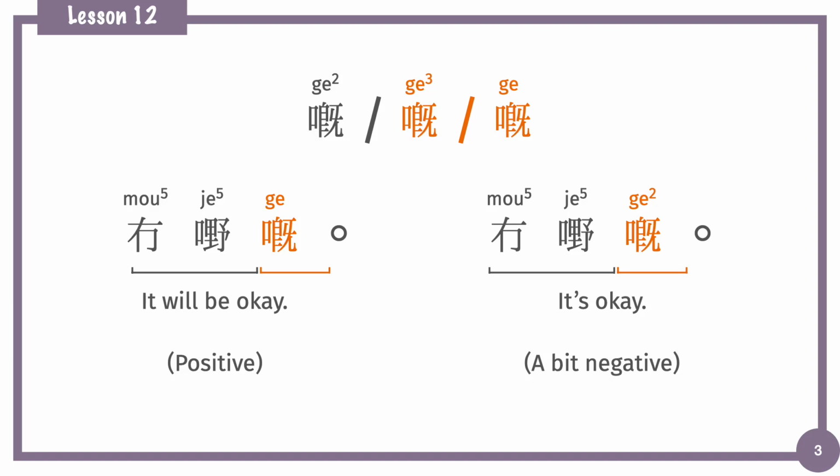But if the tone word becomes the second tone, 冇嘢嘅, even though it means it's okay, it has a little bit of negative meaning. When I say that, it means I'm not 100% sure. I just hope that it could be okay. So that's the difference between using 嘅 and 嘅.